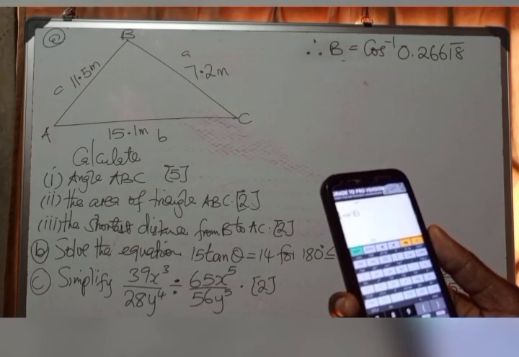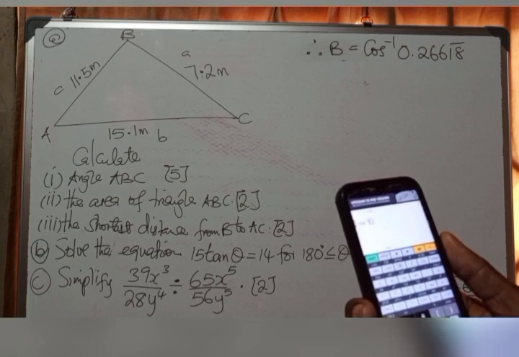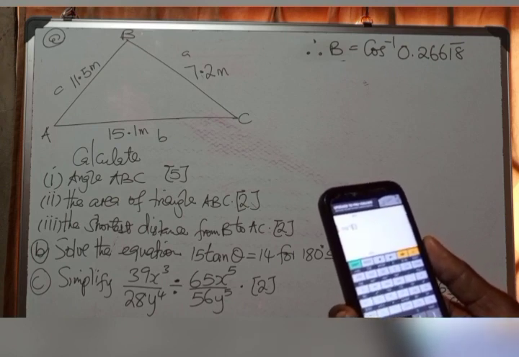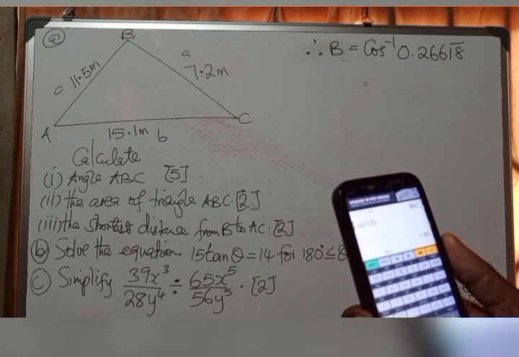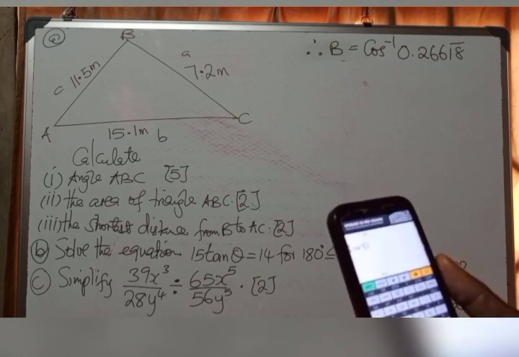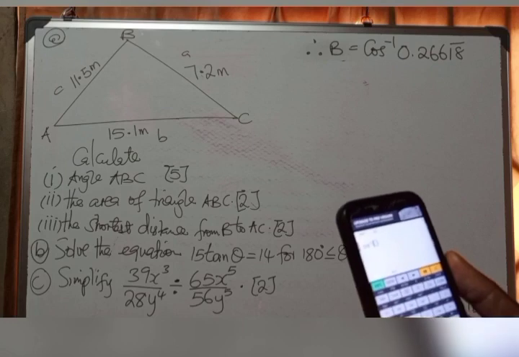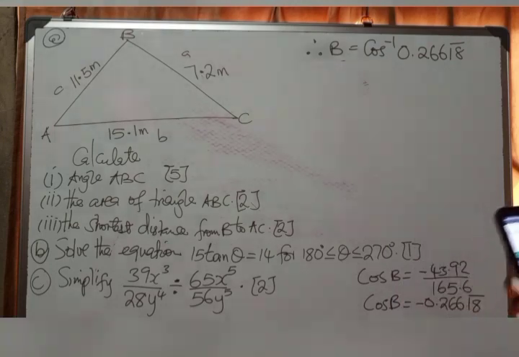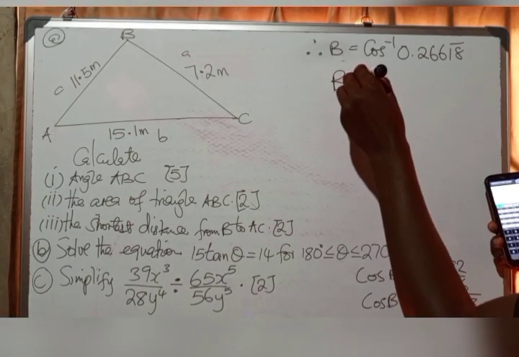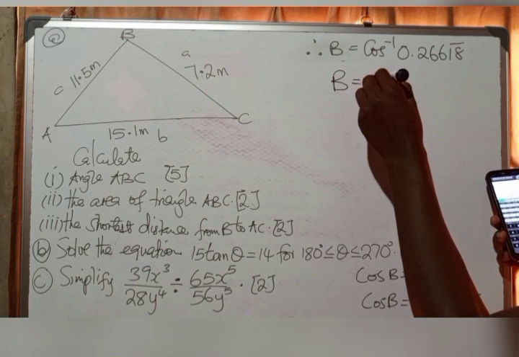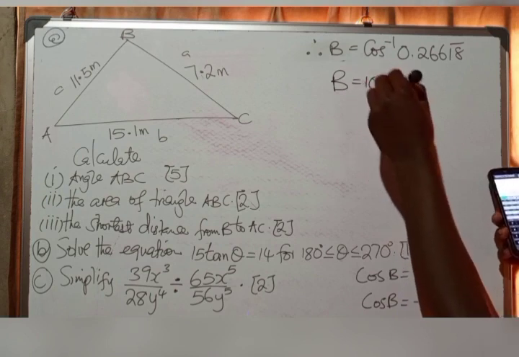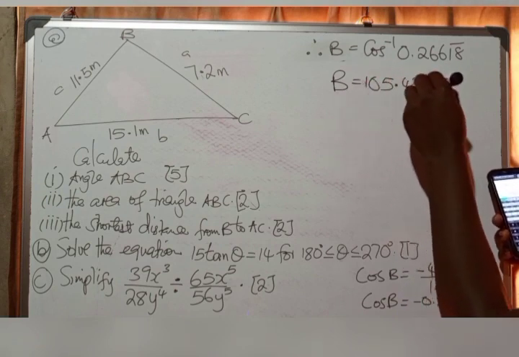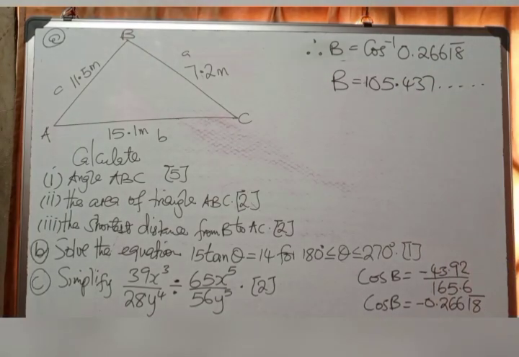Then if you have your calculator, you punch where there is answer. So in this case, let me punch my answer. And the answer I am getting is that angle B is equal to 105.437.